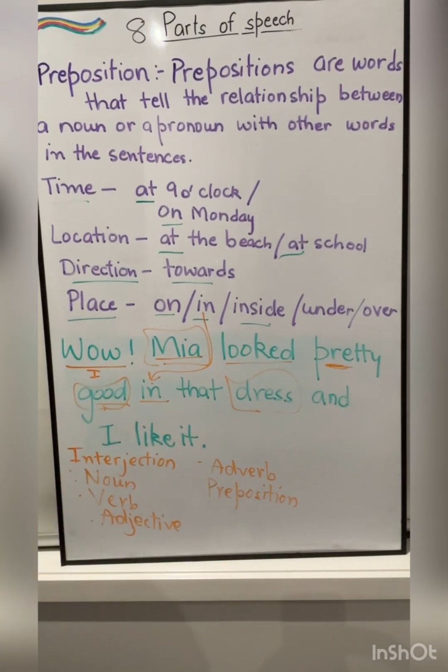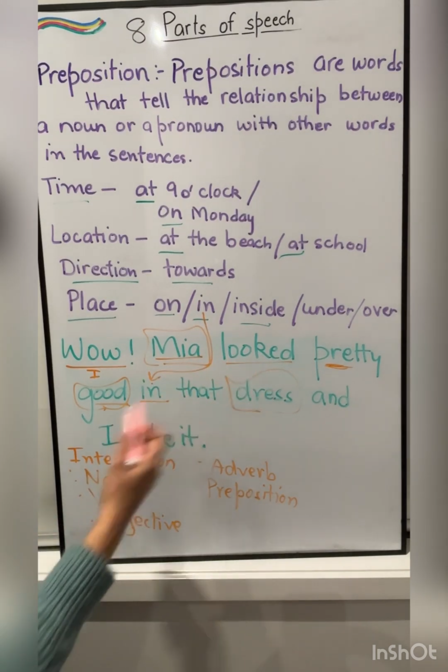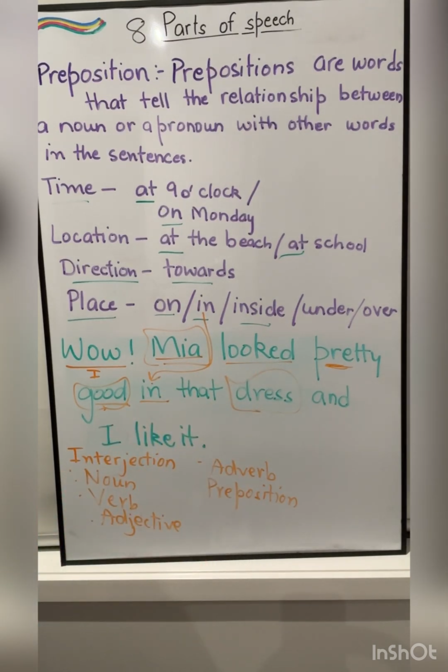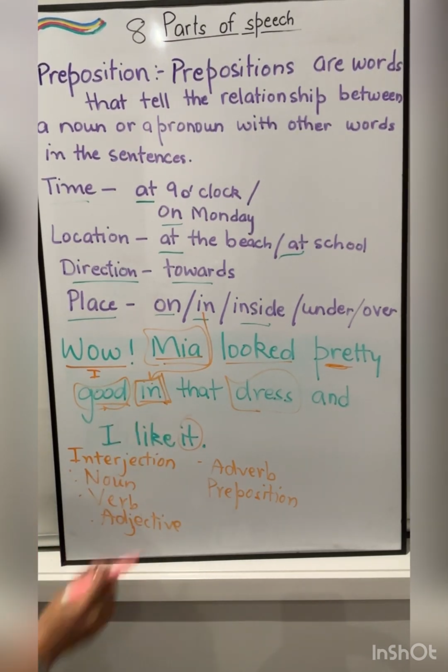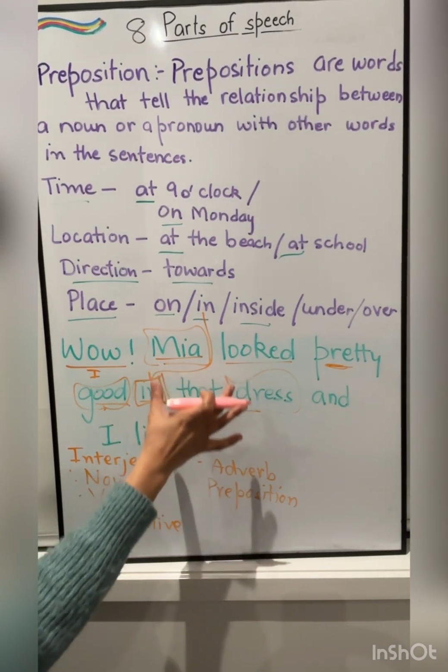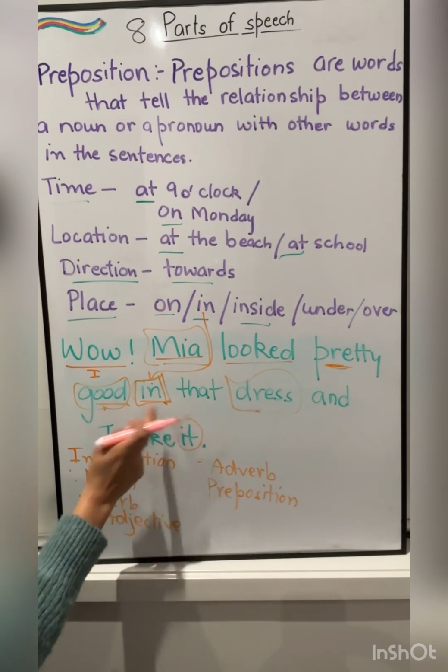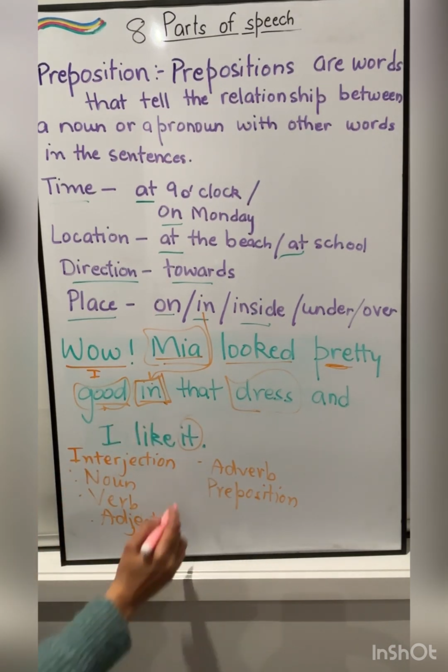If we just take the in off, Mia looked pretty good, that dress, and I like it. Does it make any sense? No, we need this word here. So this part of the sentence is attached to this part of the sentence by using in, which is a preposition. Now we've used preposition as well.